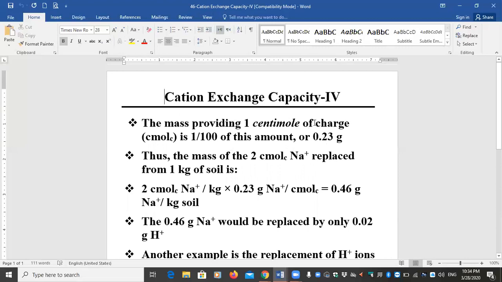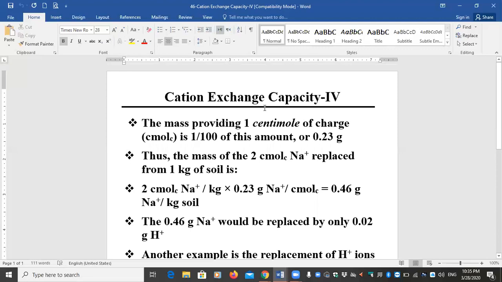So remember, we said 1 mole of sodium, which equals 23 grams, provided 1 mole of charge. Na plus, remember we said the same mass of Na plus or Na. So we will assume for our purpose, it will be the mass of sodium ions.